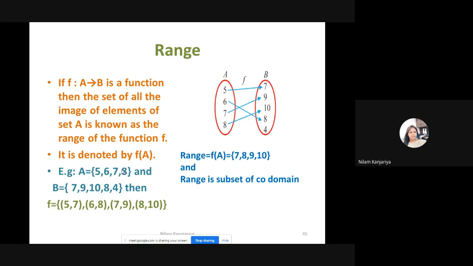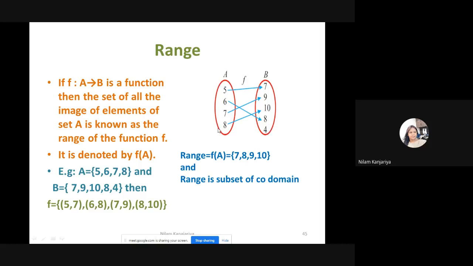Okay. Now we come to the range. Look at the diagram. 5 is related with 7, making one ordered pair, so here we write 5 and 7. 6 and 8 also make one ordered pair, so we put both here. 7 and 9 are written like this, and 8 and 10. 4 is not used in any way, so no problem.